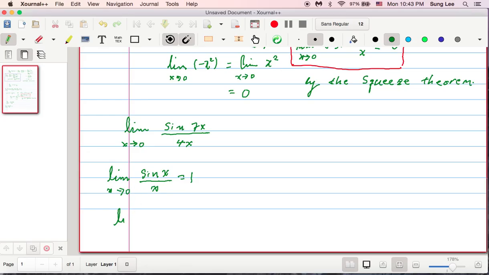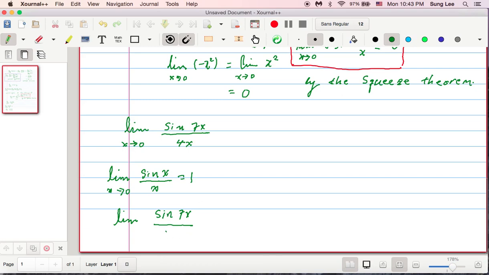So the same thing goes for this limit. What if the angle of the sine is not just simply x, but 7x? In order to apply this formula, like I said before, this angle has to be the same.